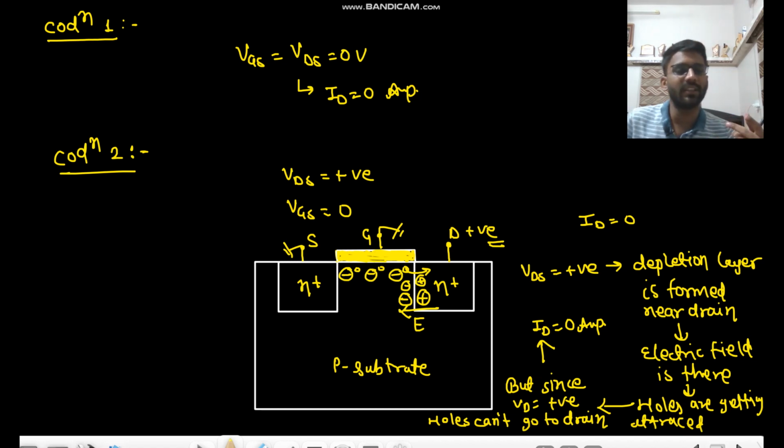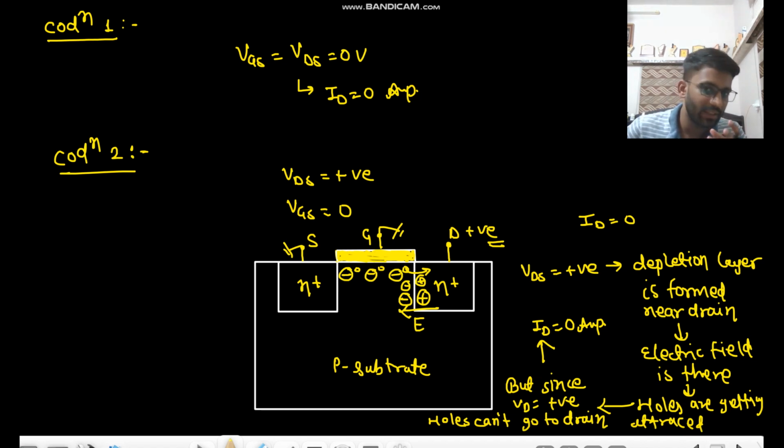Now the question comes, some student may think, what if the drain is negative? Then the first thing will not happen. The depletion layer will not be formed. If VDS is negative, if the drain is negative, this is N, this is P, it will become forward bias.